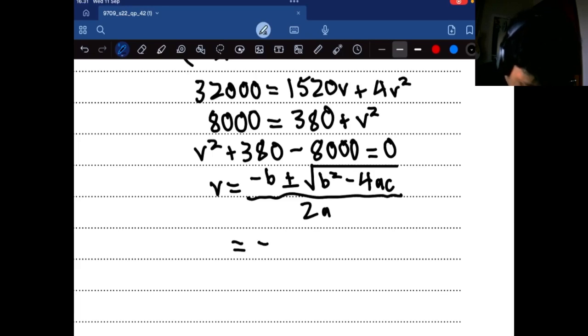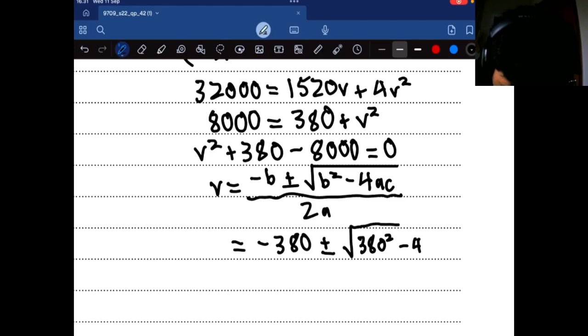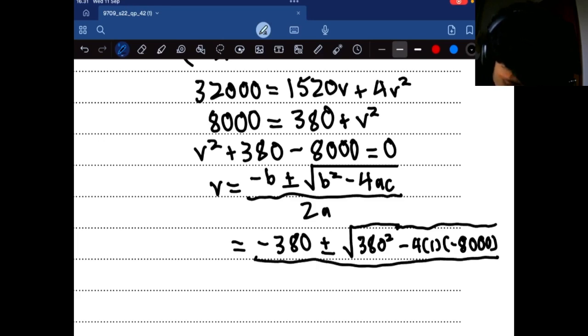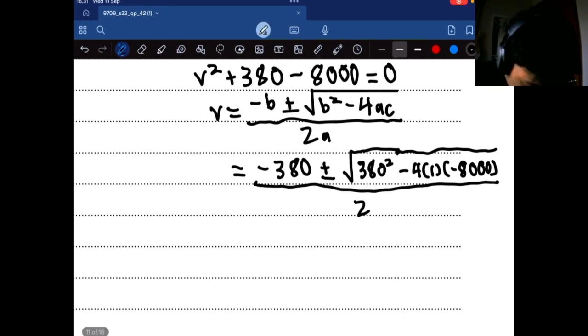The B is negative 380 plus minus square root of 380 squared minus 4 times 1 times negative 8,000, over 2 times 1, which is just 2. So now we can just make it equal to negative 380 plus minus 420 over 2.